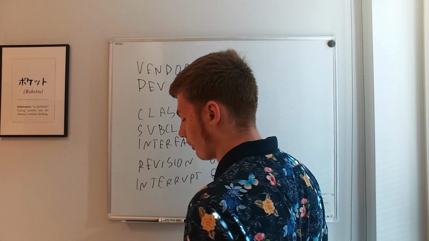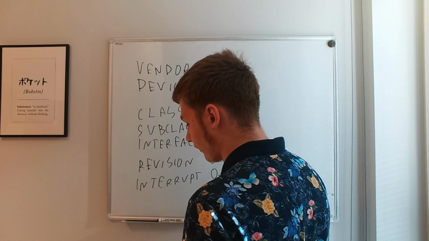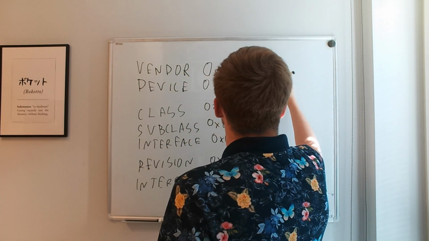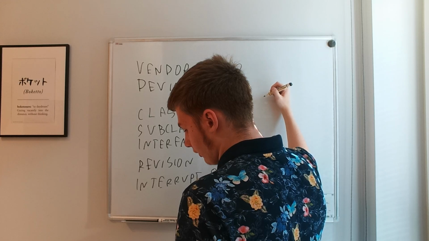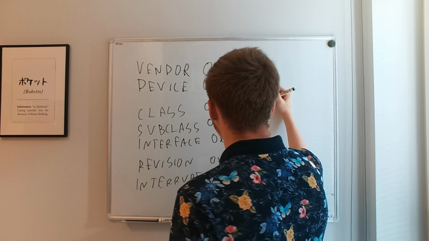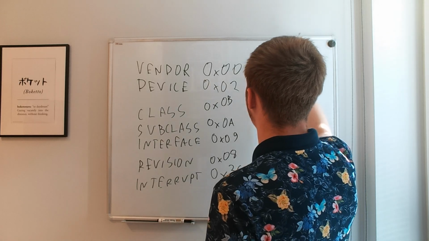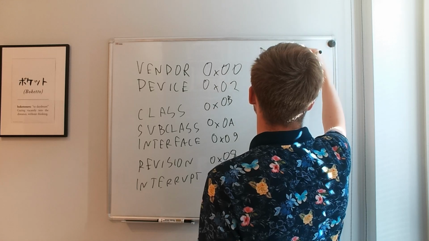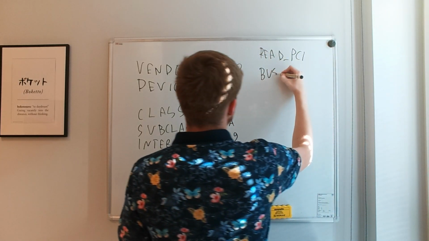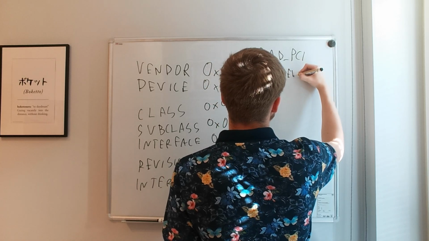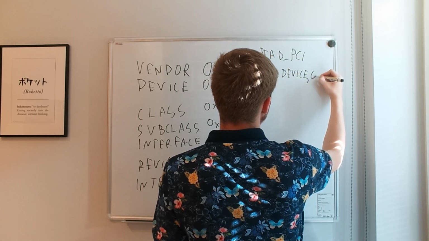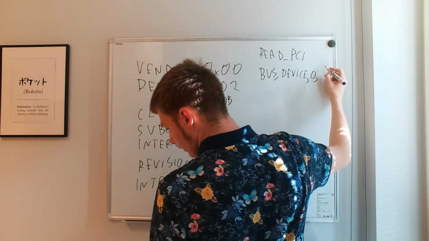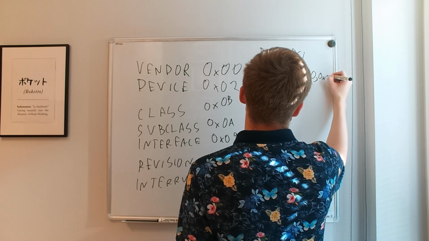In order to check whether a device has multiple functions, you read PCI using the current bus, the current device. The function should be 0, and the register offset should be 0E in hexadecimal.